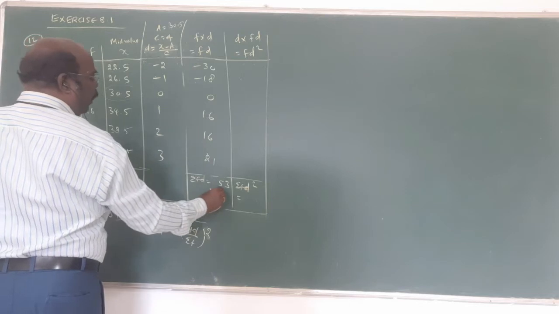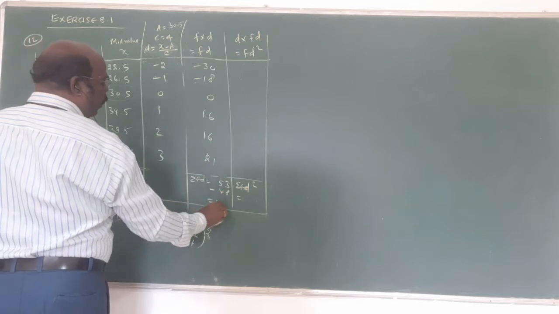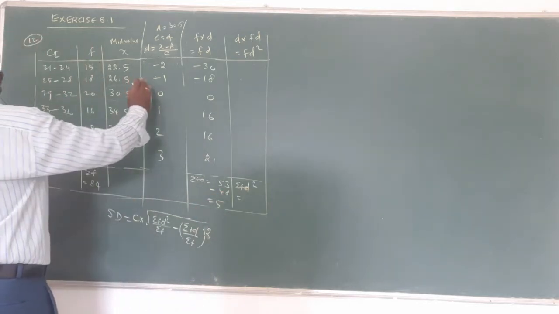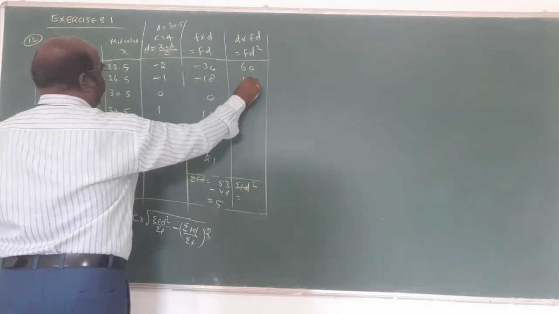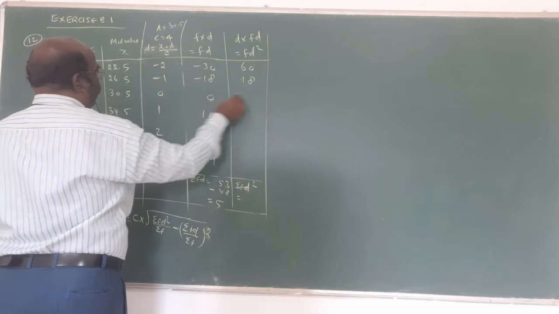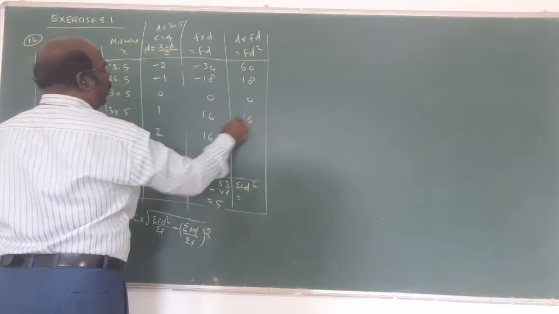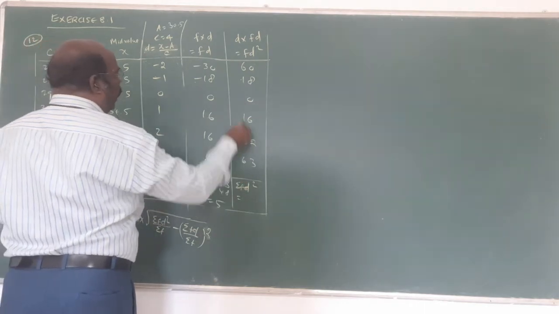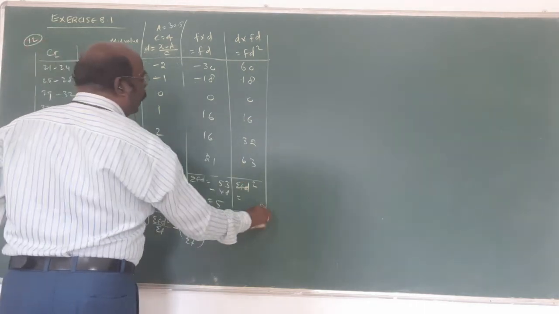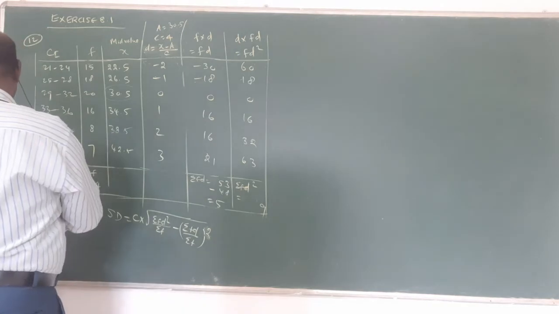Minus here, 48. Equal to what? 25. Then D with FD: multiply 60, 18, because minus and minus plus, 0. 16 are 16. 2, 6 are 32. 3, 21, 63. Now what is the value? 19 into 1, 80, 189.